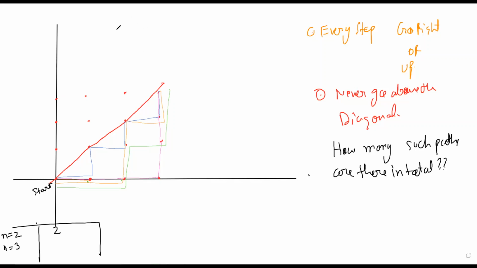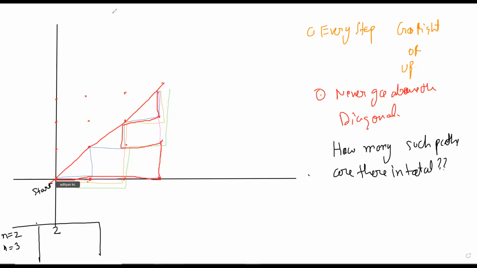Yeah. So did we get 5 then? Yes, sir. 5 paths, right? So which one am I missing? Can you tell me? 5 paths, anyways. This one.